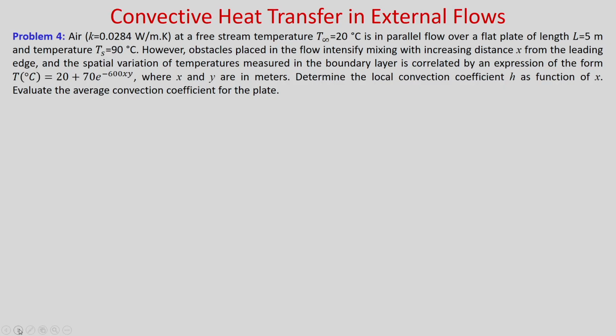Here, a fluid with thermal conductivity 0.0284 watt per meter Kelvin at a free stream temperature T infinity of 20 degree centigrade is in parallel flow over a flat plate of length 5 meter and temperature T w of 90 degree centigrade.